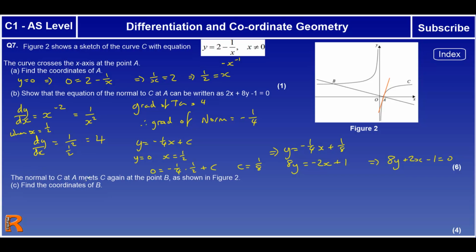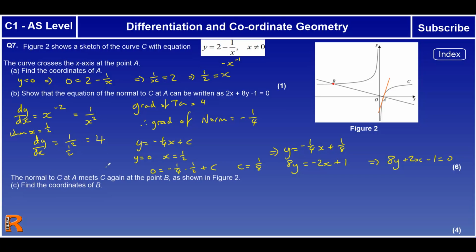The normal to C at A meets C again at the point B, so that's over here, as shown in figure 2. Find the coordinates of B. So we want to know where this crosses this.